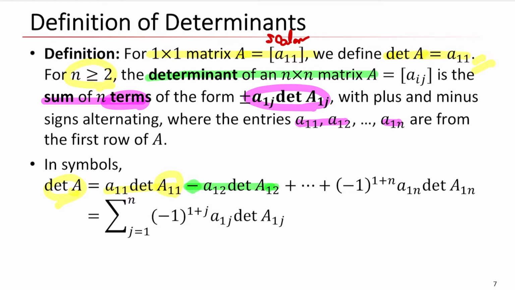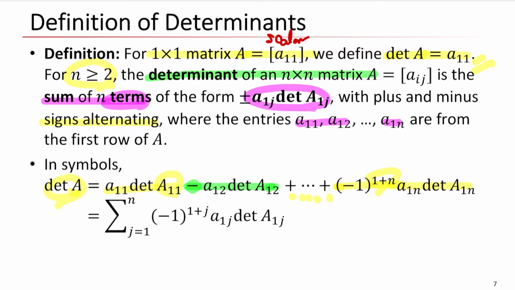We will see why there is a negative value, but here let's just remember there is the sign alternating plus minus, and so on. Then the final term is negative 1 with the superscript 1 plus n times a1n times determinant A1n.